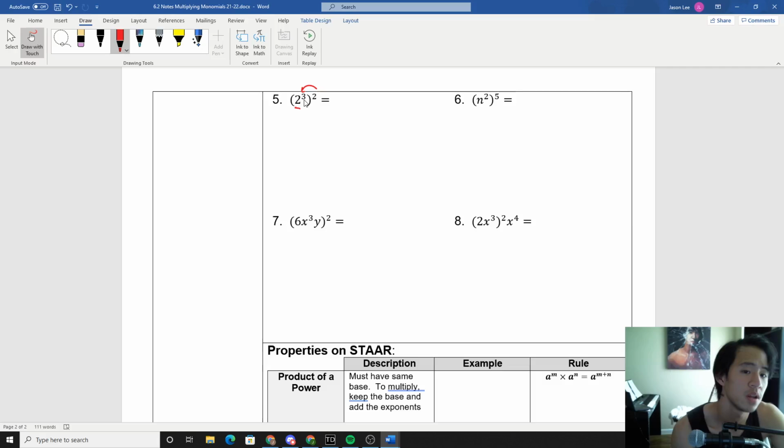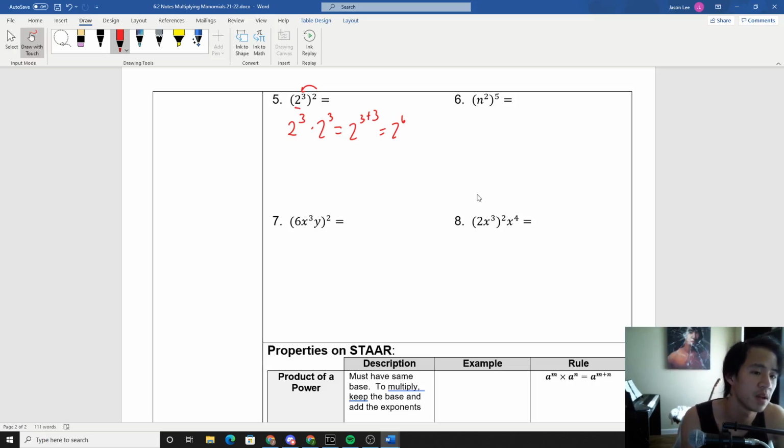2 to the third, that squared, is just going to be 2 to the third times 2 to the third. Right? That's what it means to have something squared, you multiply it by itself. But now look what we can do. We can say that this is 2 to the 3 plus 3, which is 2 to the 6. 6 is 2 times 3 or 3 times 2.